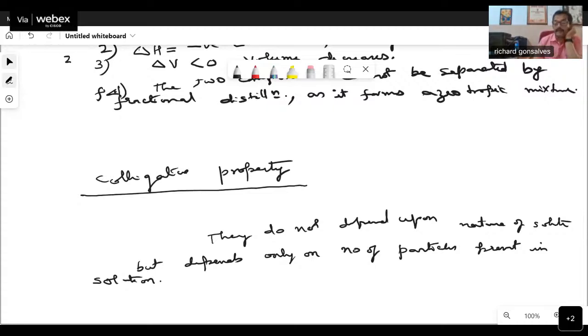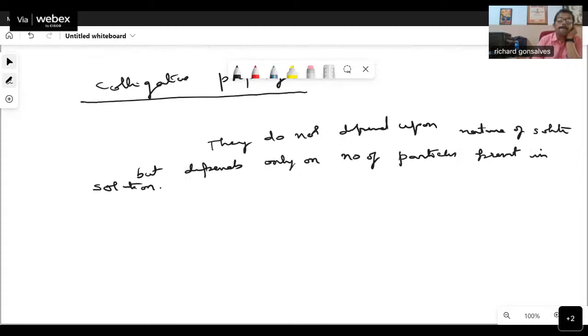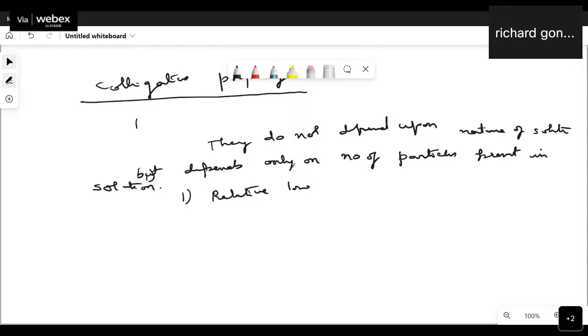I am taking 4 of them under this. 1, relative lowering of vapor pressure. This is one property. Second, osmotic pressure.